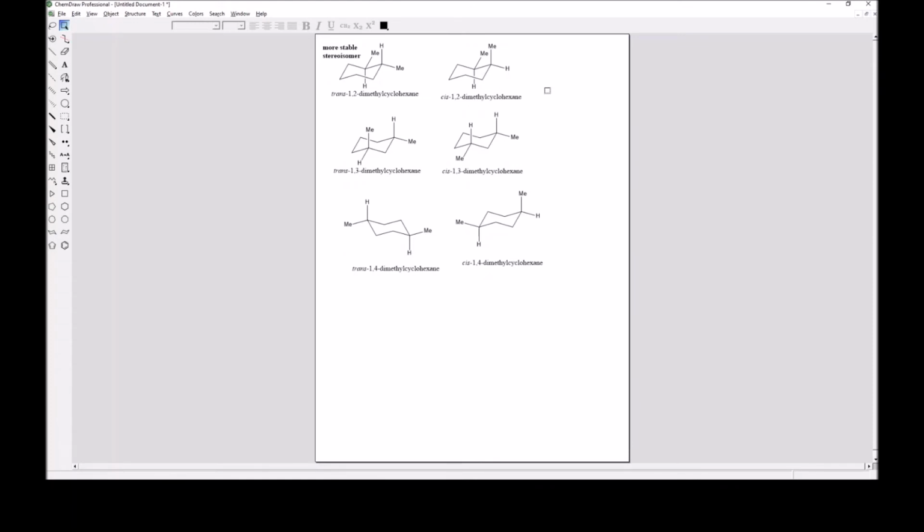If you had a bottle full of trans 1,2-dimethyl cyclohexane and shook it, it would not rearrange itself to cis 1,2-dimethyl cyclohexane, and vice versa. These are two separate molecules, and they have different characteristics. Whereas the different conformations just interconvert back and forth between each other. So this is the more stable stereoisomer because it's got this equatorial arrangement.